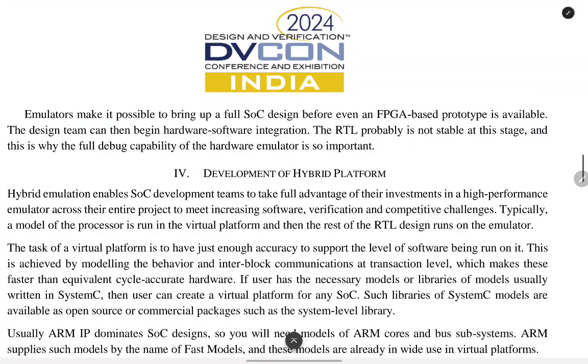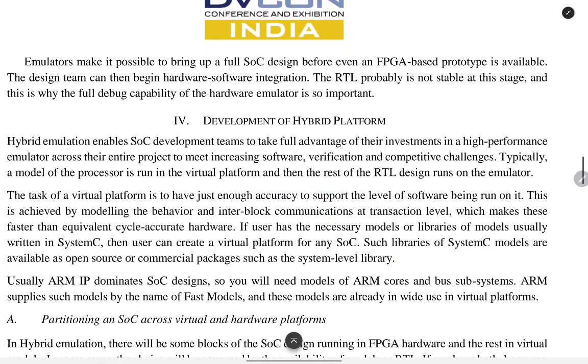An emulator makes it possible to bring up a full SoC design before even an FPGA-based prototype is available. The design team can begin hardware-software integration. The RTL probably is not stable at this stage, and that's why the full debug capability of the hardware emulator is so important.